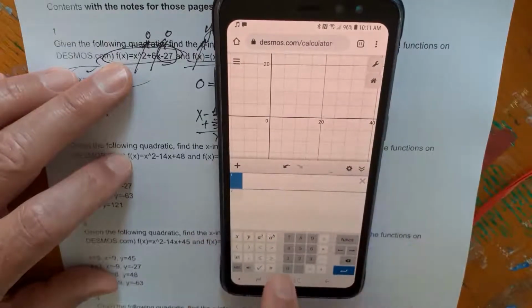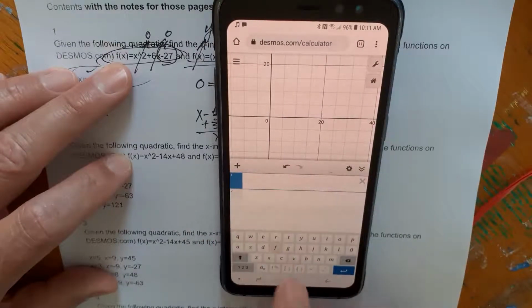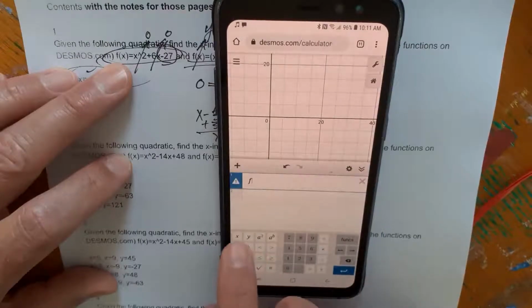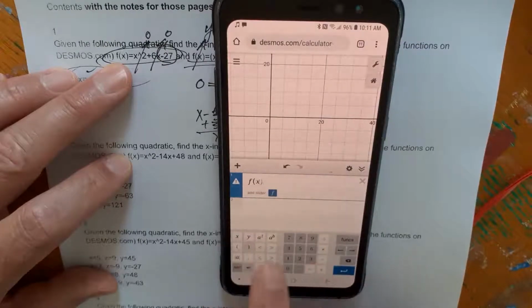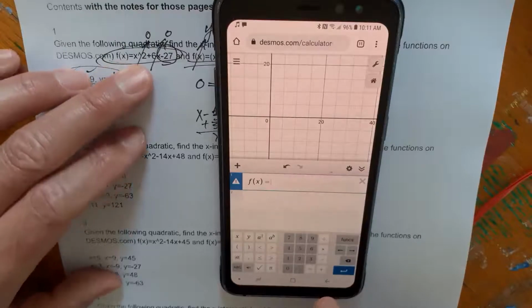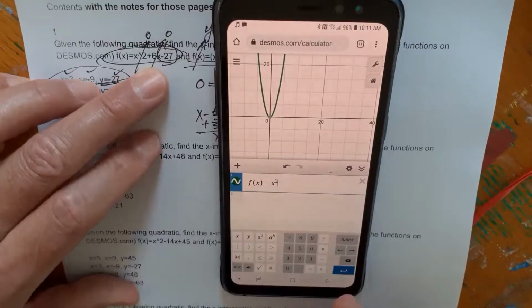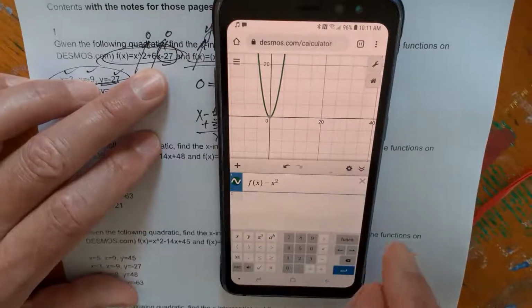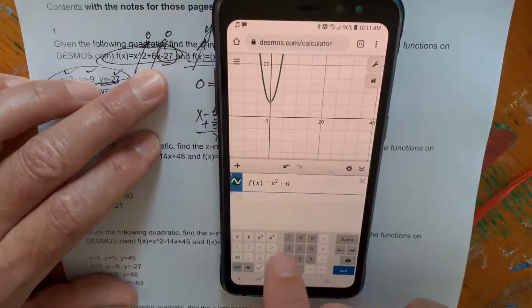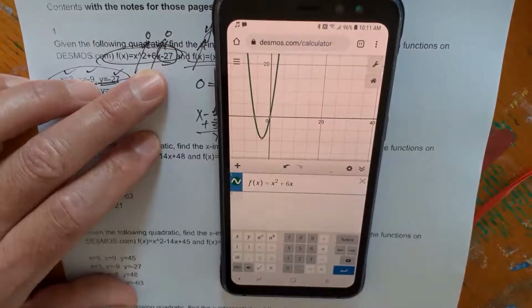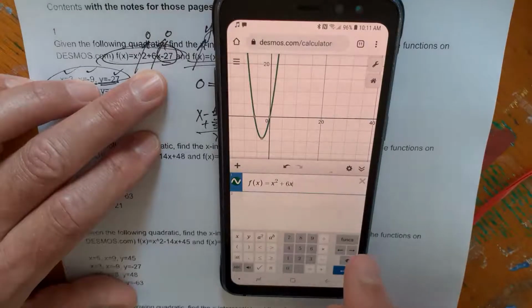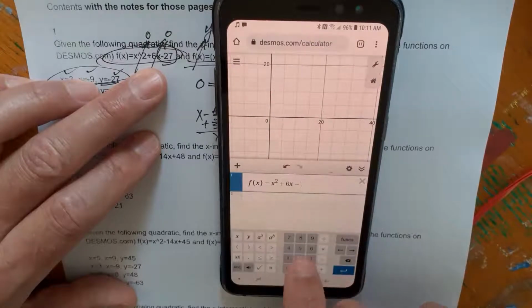So we have f of x, f, parentheses, x, equals x squared plus 6x and minus 27.